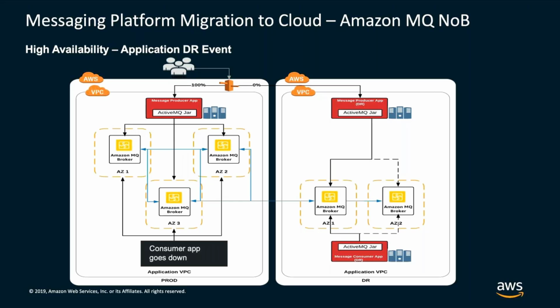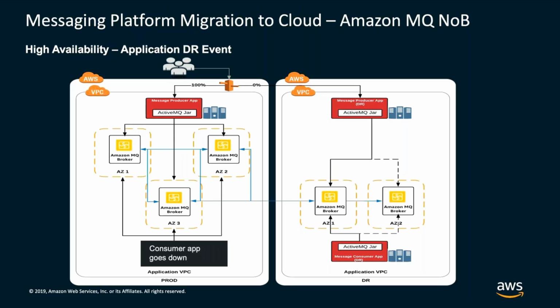Now if that happens, in the typical Amazon MQ configuration, probably you may have to switch over both producer as well as consumer applications over to the DR region, because your broker cannot extend across the region.